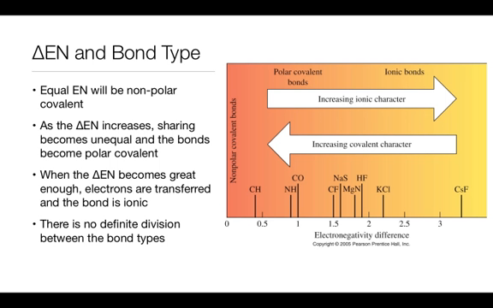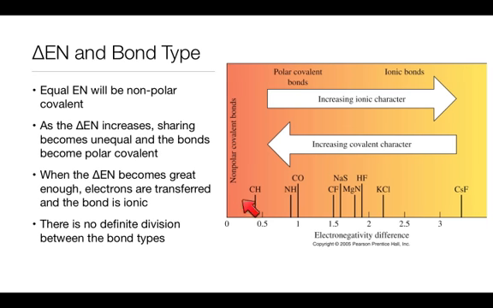Yes, it's pretty safe to say that over here cesium fluoride is going to be ionic because of the very large difference in electronegativity. It also is hinted at by the fact that cesium is a metal and fluorine is a nonmetal, and we've learned that ionic compounds occur between metals and nonmetals.